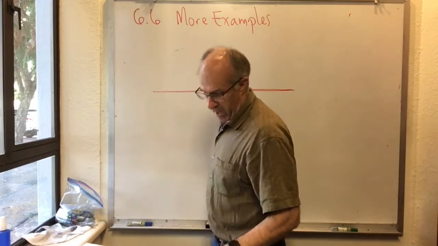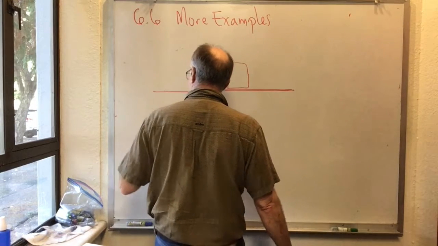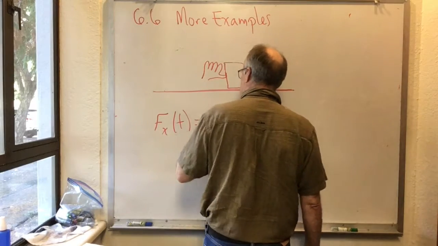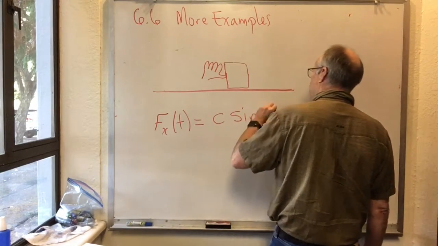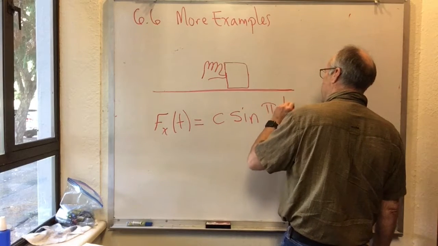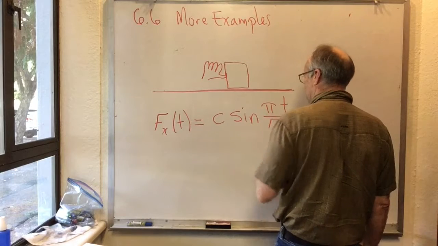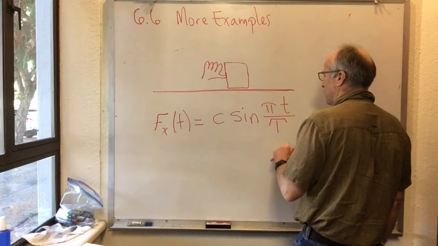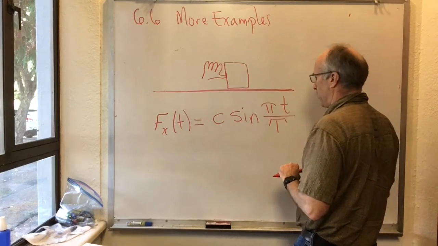They're going to push and pull in the x, the horizontal direction, and Fx of t is going to be some constant c times sine of pi t over capital T. That's the way Knight wrote it. Capital T here represents a half of a period rather than the usual whole period.